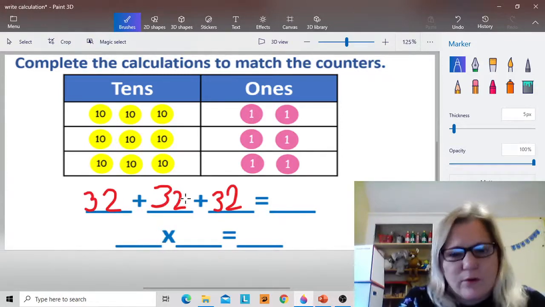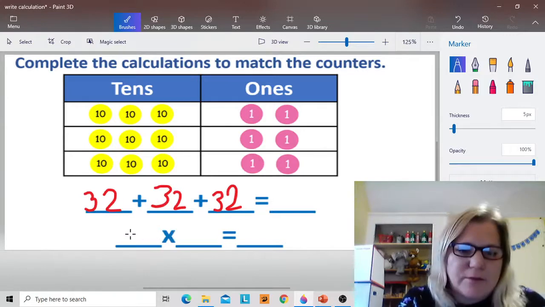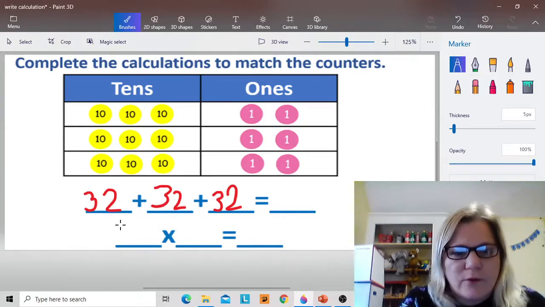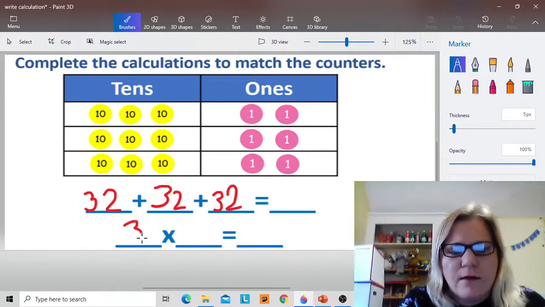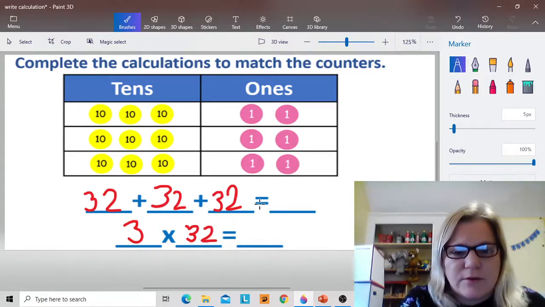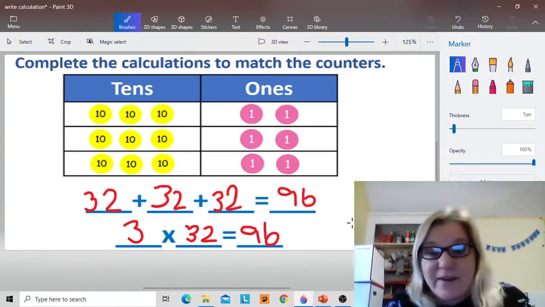We also could write it as a multiplication. So we have got 3 lots of 32, and the answer is the same in both calculations. So we have 96. Did you get that right or not?